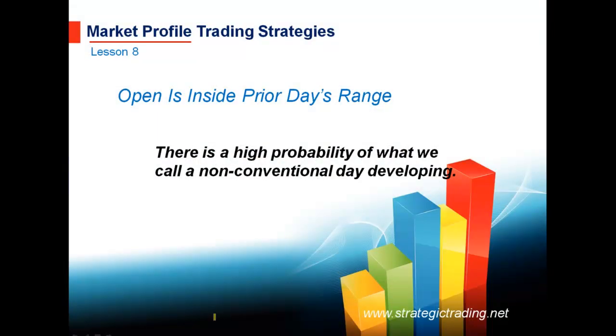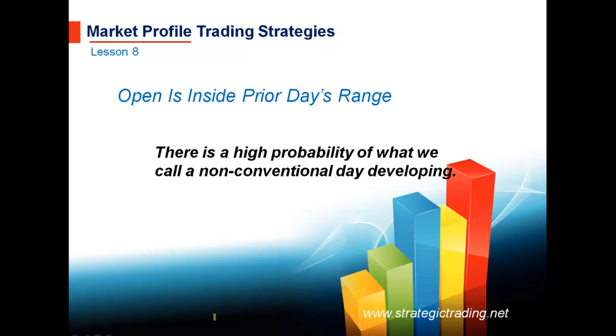We're going to begin by looking at an open that's inside the prior day's range. And once again, to review with you, a range is the price movement from the low to the high, or the high to the low. So we look at the prior day and the range for that day, and where the open is relative to that.